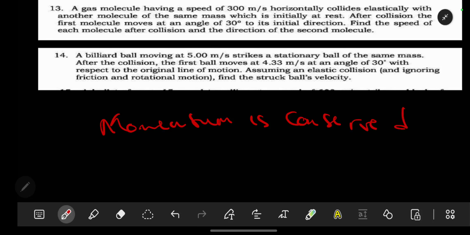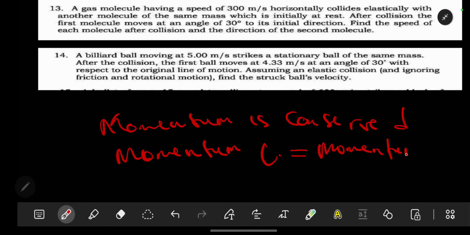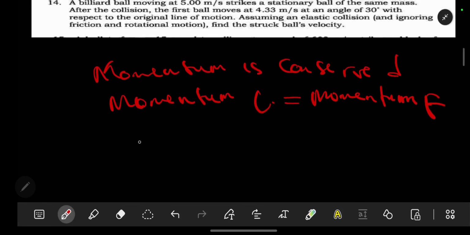Conserved means to say whatever momentum you begin with, the initial momentum, should be equal to the final momentum, which has got the symbol P. Initial momentum is equal to the summation of the final momentum.